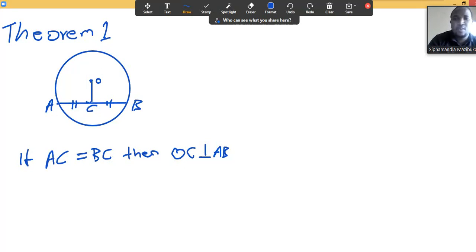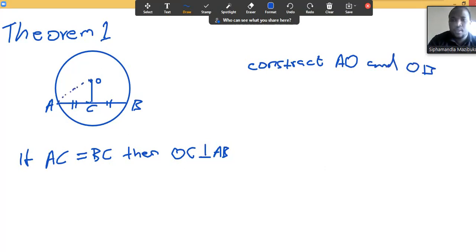Let's say we have to construct AO and OB. So this is our construction, AO and OB. This is AO and this is OB.